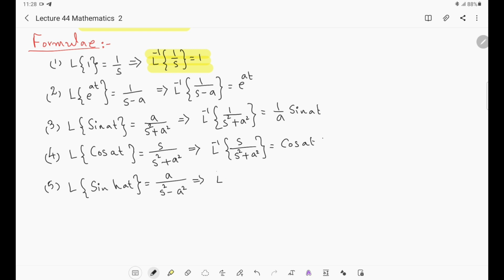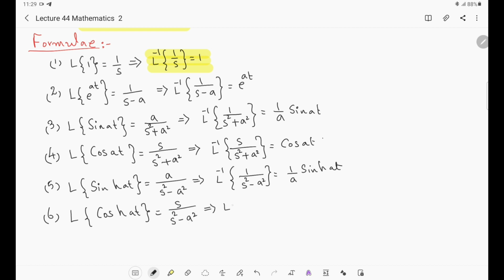Then inverse Laplace transform of 1 by s square minus a square is given by 1 by a sinh at. Then the sixth one is Laplace transform of cosh at, which is given by s by s square minus a square. Now the inverse Laplace transform of s by s square minus a square is given by cosh at.